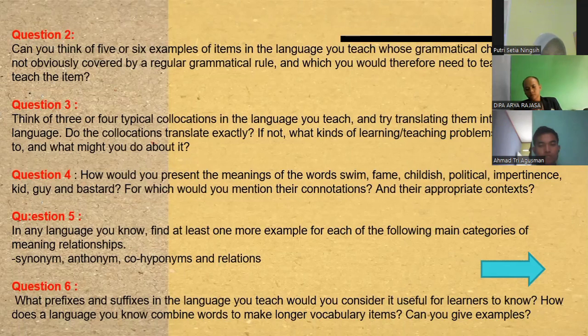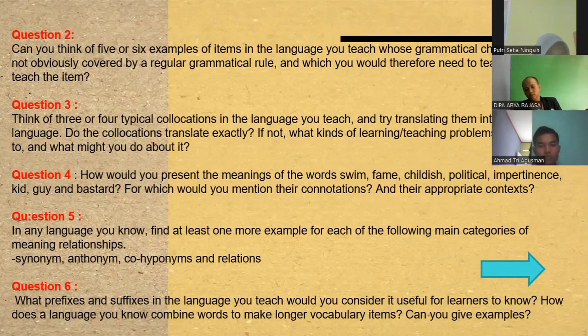The next is, how would you present the meanings of the words swim, femme, childish, political, impertinence, kid, guy, and bastard? For which would you mention their connotation and their appropriate context? The next is, in any language you know, find at least one more example for each of the following main categories of meaning relationship.